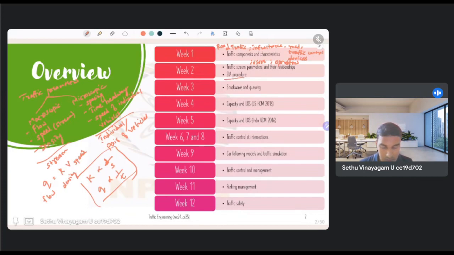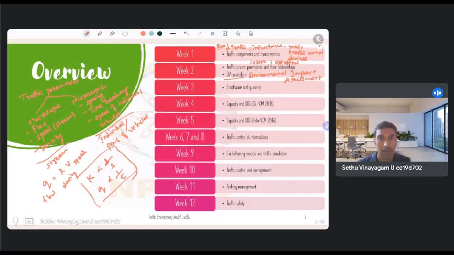These are the relationships that we were looking at, and in week two we were also looking at the EIA procedure. So what is EIA? EIA stands for environmental impact assessment. This is very important because road traffic is one of the major contributors to air pollution. When you look at all the different modes of transport, road transport is one of the highest contributors.